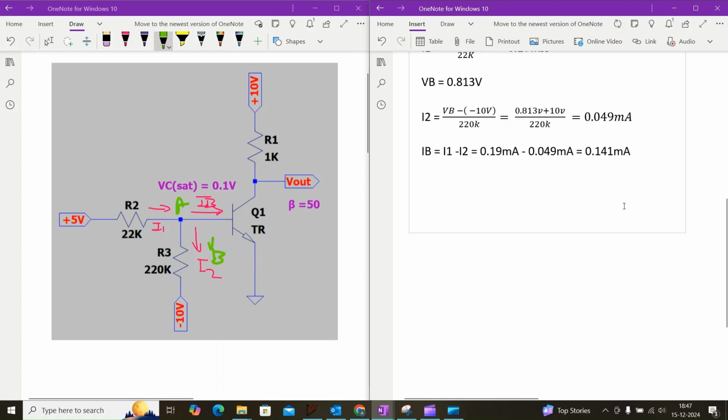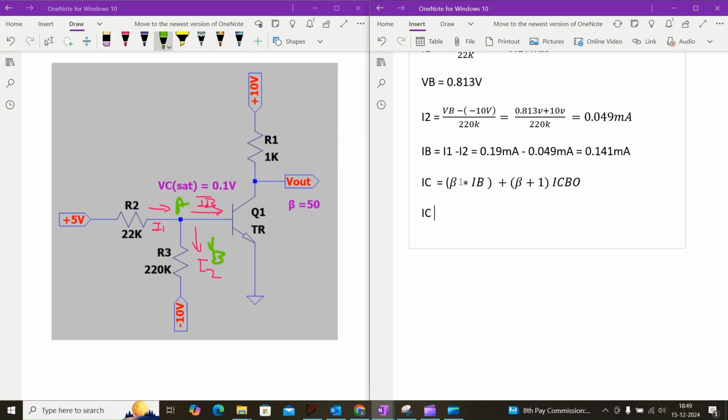Let us find the collector current IC. IC is equal to beta into IB plus beta plus 1 into ICBO. Usually in the transistor, the saturation current ICBO is in the range of nanoampere, but here we have considered the saturation current as 27 microamps, so that we have to consider this ICBO also in the calculation.